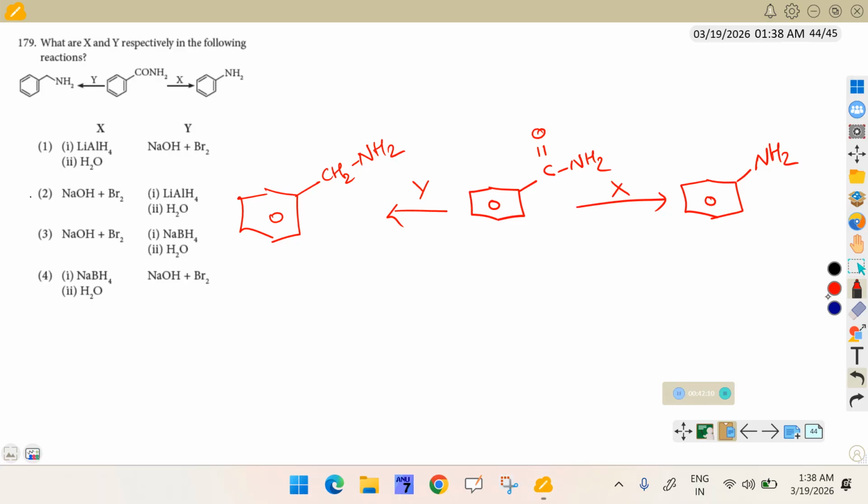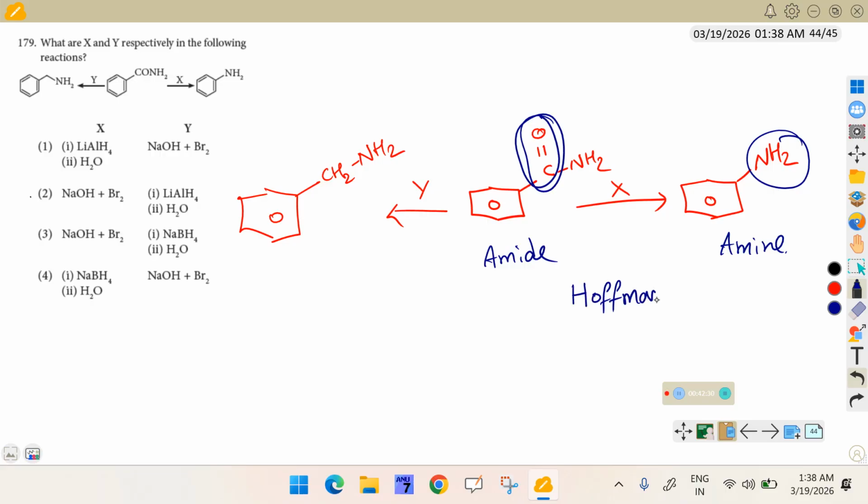Next question. Identify X and Y. Amide is converted to amine. The product amine contains one carbon atom less compared with the reactant. So this reaction is Hofmann bromamide degradation.